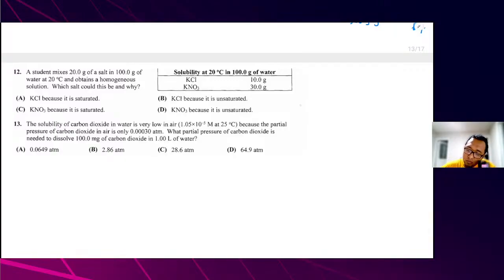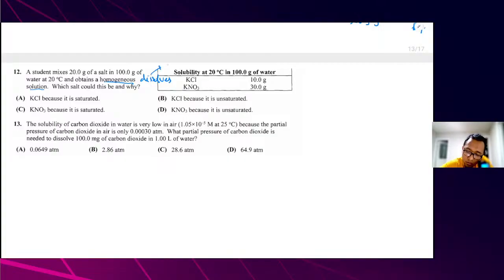So now the concept is, we know that 100 gram. Homogeneous solution means the salt is dissolved completely, right? It dissolves completely, so it is unsaturated.